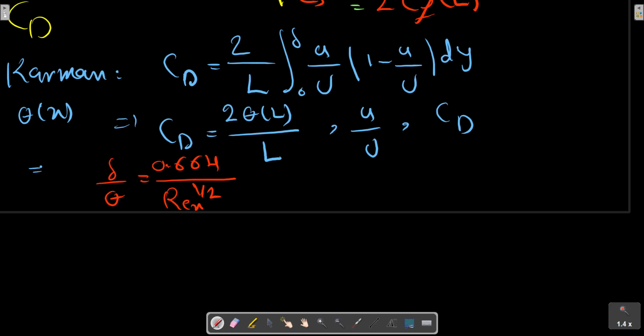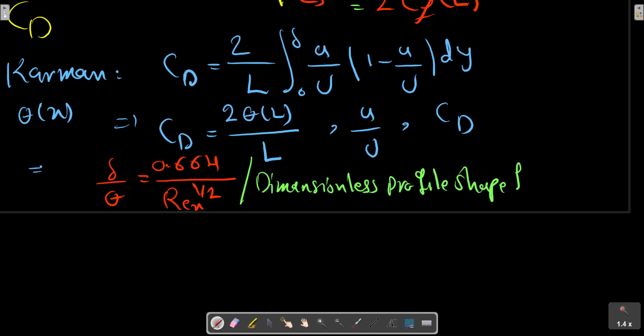The ratio of displacement to momentum thickness, called the dimensionless profile shape factor, H equals delta star on theta.